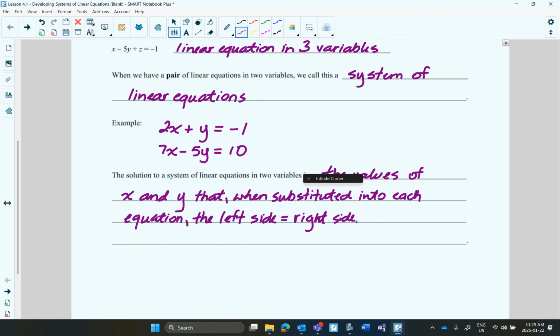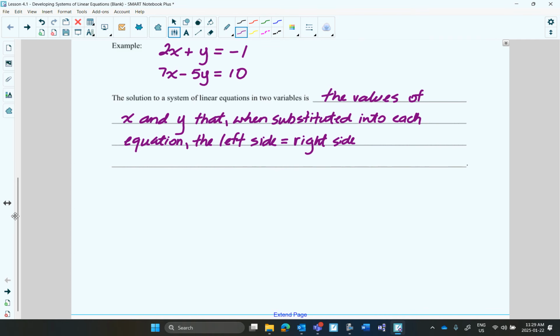So for example, I'll give you another one that's a little bit easier. x plus y equals 5, and x minus y equals 1. Here's a system. Both of them are linear equations because the exponent is 1, which we don't write. Can you figure out what x and y are? Just look at this.